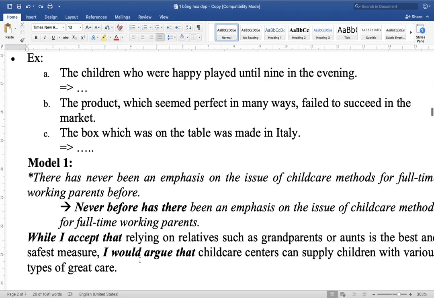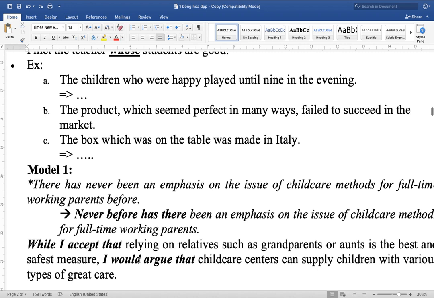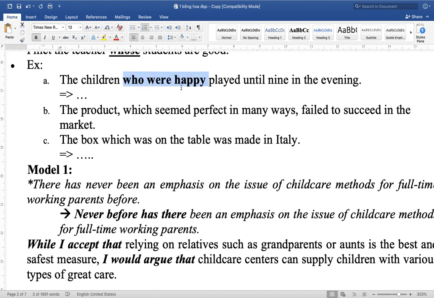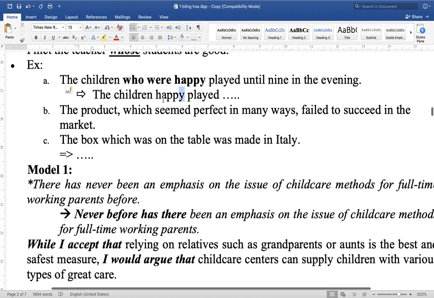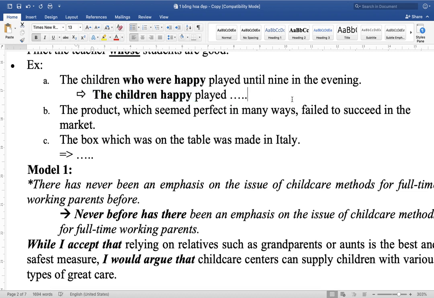All right. So you can have a look at these things when we reduce the relative clause. The children who were happy, this is the relative clause, right? And this is only one adjective. So maybe you can write this in this way: the children happy played. So be careful with this, right? This is not okay. No, don't use that.